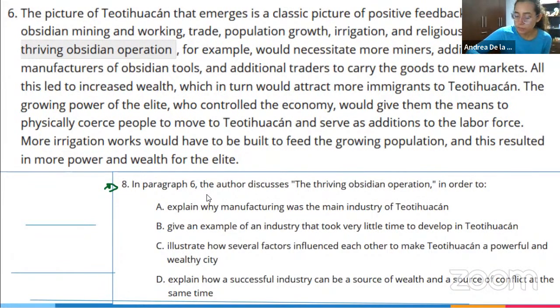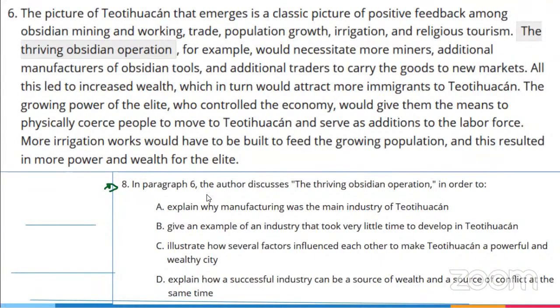Do you all agree? Probably the letter C. Yes, maybe illustrate C: how several factors influence each other to make Teotihuacan a powerful and wealthy city.